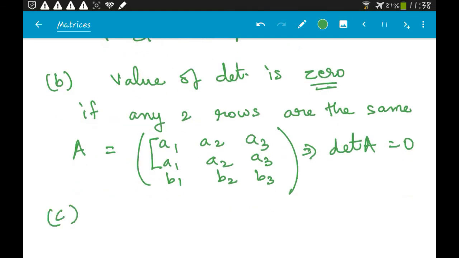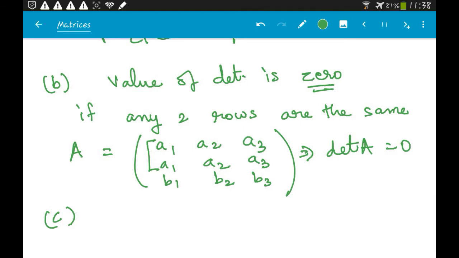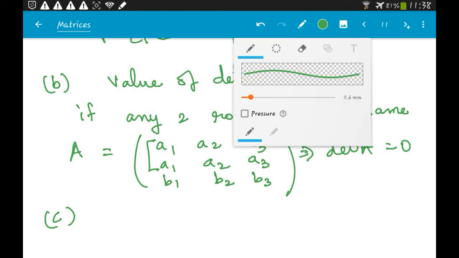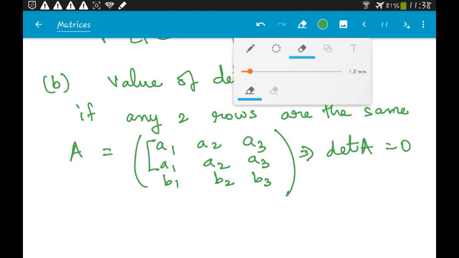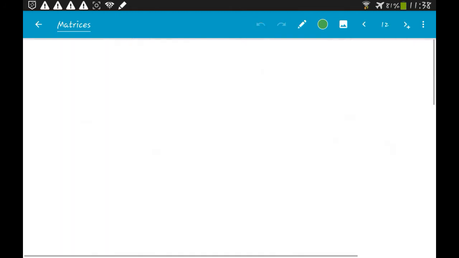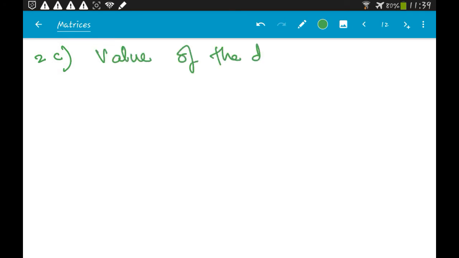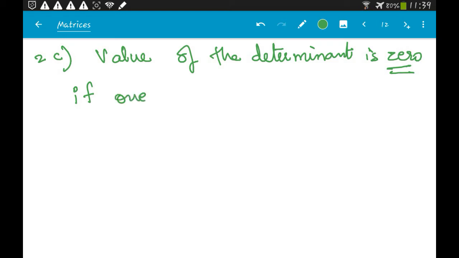Then C. Okay, let's go to the next page. So 2C, the value of the determinant is 0 if one row is a multiple of another row.